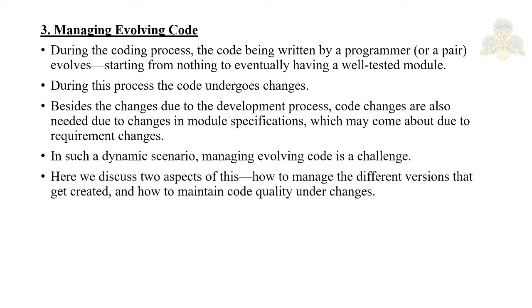During this process, your code undergoes many changes. Besides the development process, code changes are also needed due to module specification changes or requirement changes. In such dynamic scenarios, it becomes a challenge to manage your incrementally developing code.